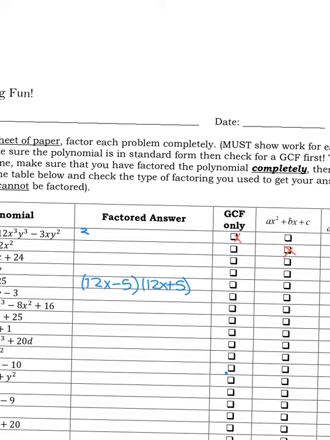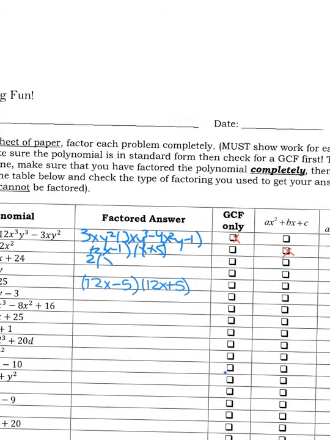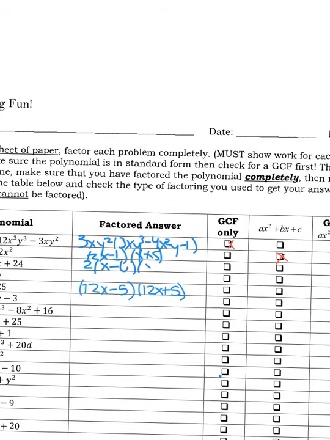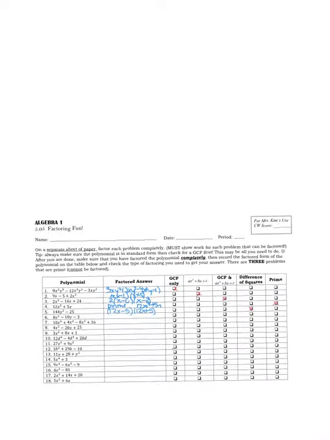You would have 3xy squared times 3xy cubed minus 4x squared y minus 1, and then 2x minus 1 times x plus 5, and then 2 times x minus 6 times x minus 2, and then you had prime. Or you had 12y minus 5 times 12y plus 5. So your paper would look like this at this point.